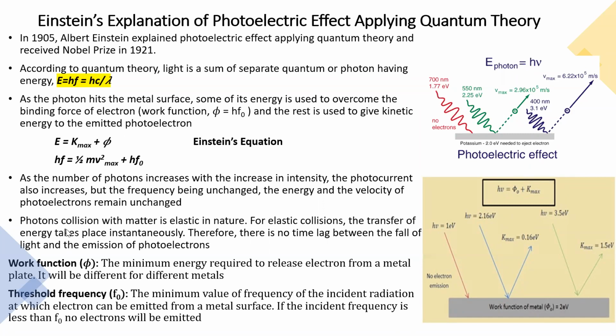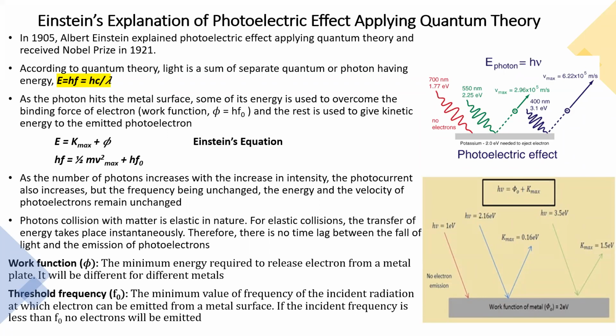Now photons, here it comes, what I just told you. Photons' collision with matter is elastic in nature. Do you remember what is meant by elastic collisions? Yes, where kinetic energy is preserved.